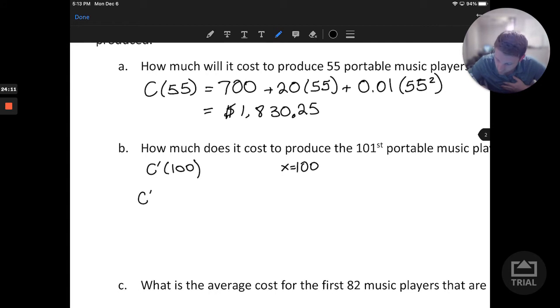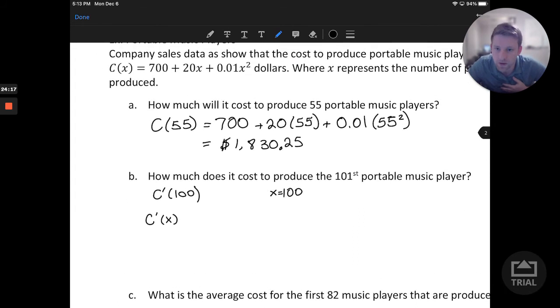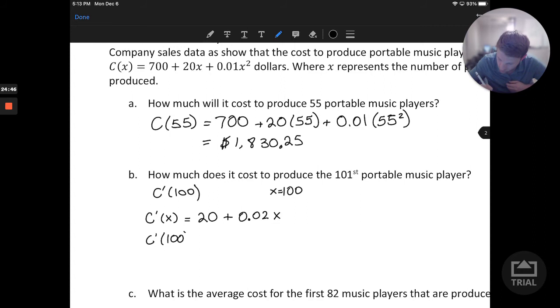So for that C prime function, C prime of x, we can take our original function up at the top and take its derivative. So we have the derivative of 700 would be 0, 20x becomes 20, plus 0.01x squared is going to be 0.02 times x. And now if I evaluate this C prime at 100, C prime of 100, we'll see that this is going to be 20 plus 0.02 times 100.